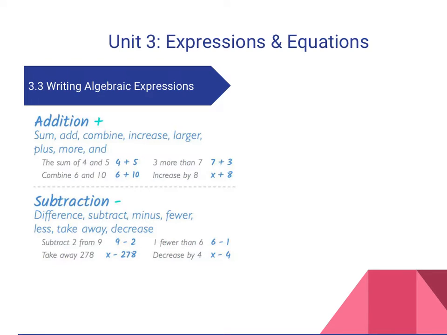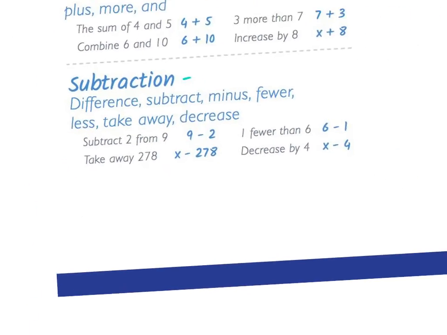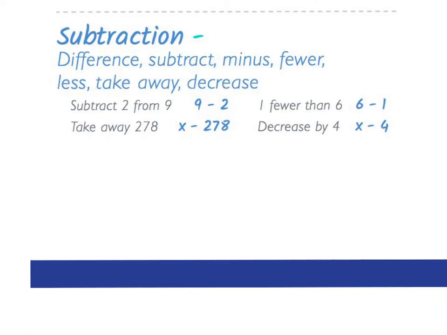So if you look at these, these are the ones that I notice create a little bit more confusion, because you immediately want to just go in the order that they tell you. But in this case, remember, if I subtract 7 from a number, that's going to give me a different value than if I subtract the number from 7.